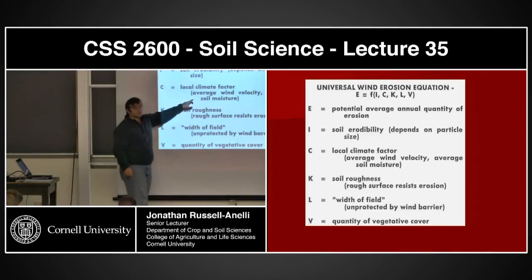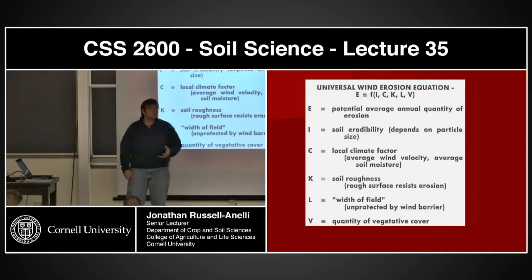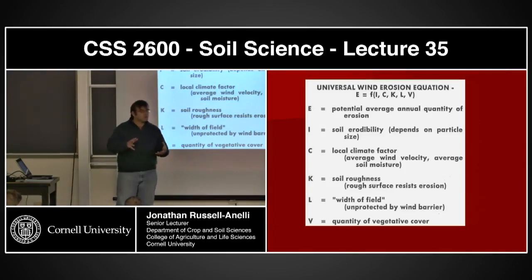You can certainly imagine if my system is wetter, what's going to happen to the erosive nature of the material that the wind is going over? Is it going to become more erosive or less erosive? The more water I have in the system, certainly it's going to get heavier, but the more it's going to act like a glue, which means it's going to be less erosive.